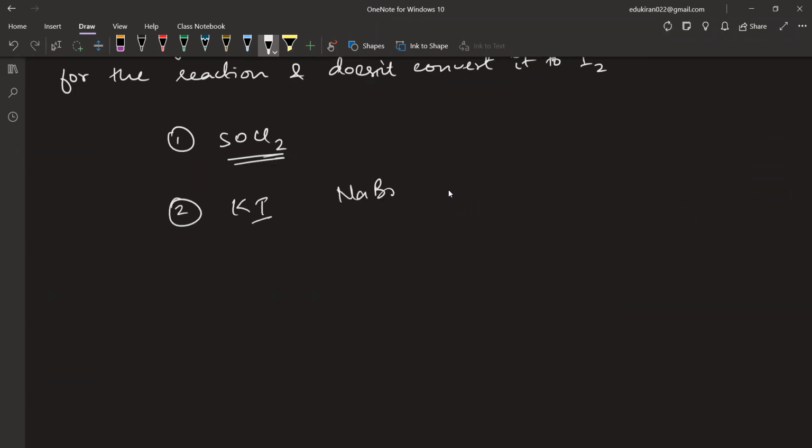That means NaBr is giving you alkyl bromide, but KI will not give you alkyl iodide. Why? This is the second question that you will get from alcohols. And then the further reagents are there. Whenever the reagent is PBr3, we are going to get RBr. So that is not an issue.